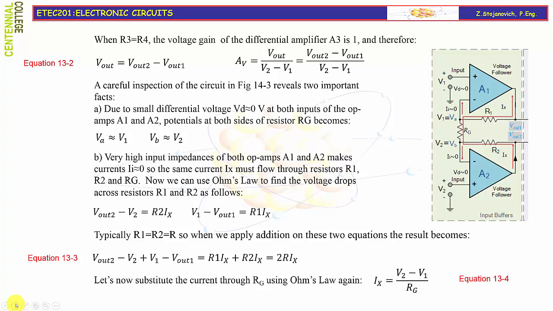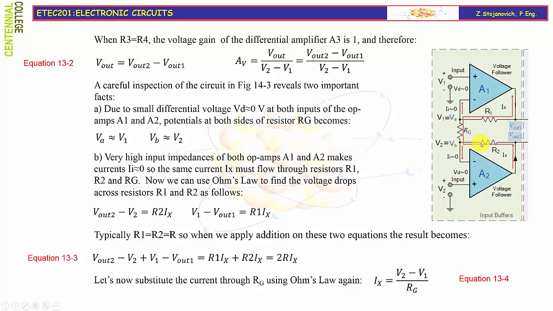Now we can use Ohm's law to find the voltage drops across resistors R1 and R2 as follows. Look at figure 14-3 to easily identify the voltage drop across resistor R2. On one side we have Vout2, on the other side of the resistor we have V2, because we said Vb is close to V2.